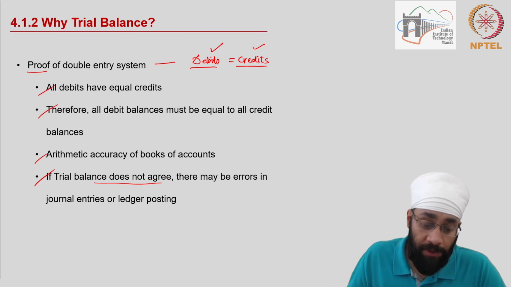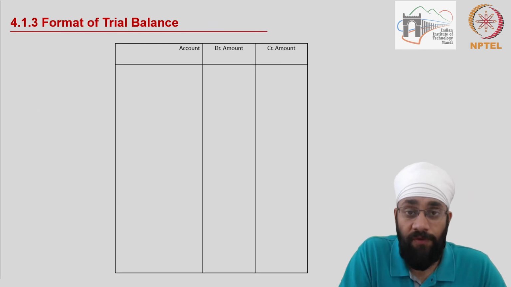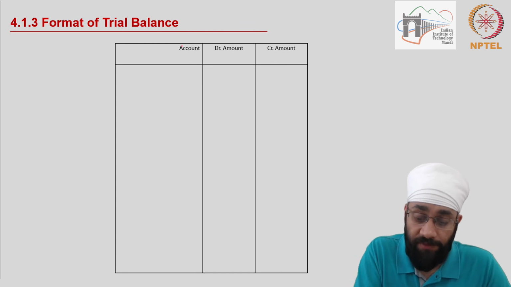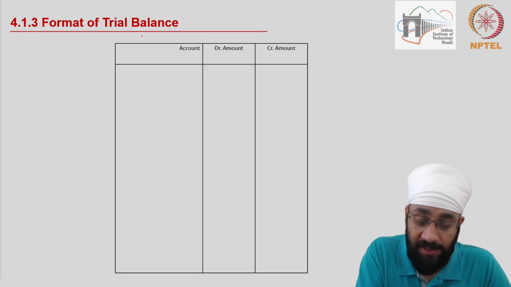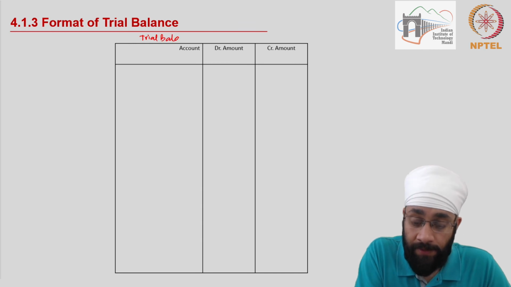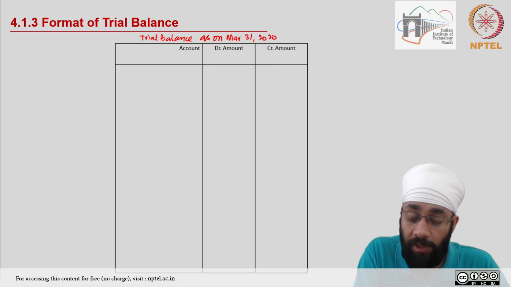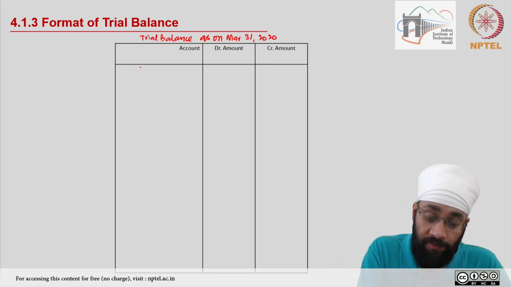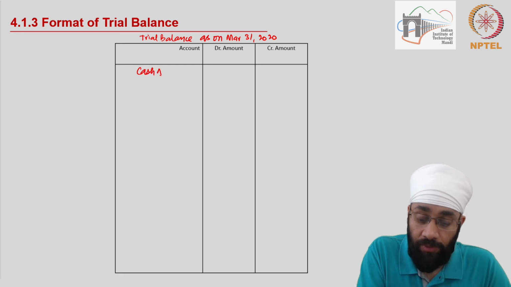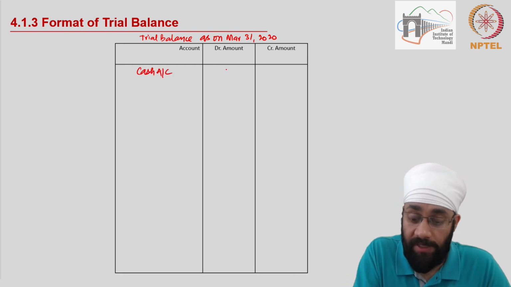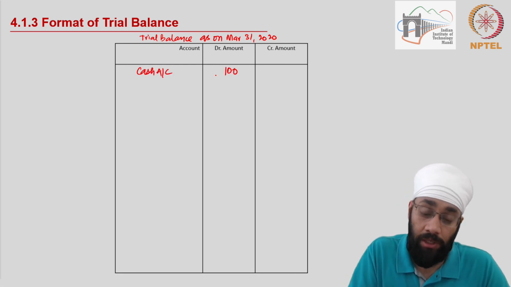Let me make it more clear to you with the format of the trial balance. This is the format of the trial balance. The trial balance is prepared as on a date. So as on March 31st, 2020, on this date, we are going to say cash account. The cash account will have a debit balance and we'll write the amount here.